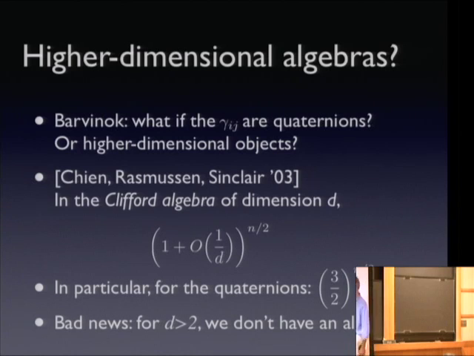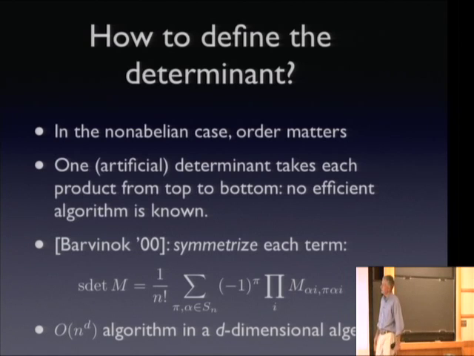And they actually established that if you could somehow carry out this whole strategy where the Clifford algebra you choose has a dimension linear in n, then you've made it. So the bad news is that for Clifford algebras of dimension greater than 2, we don't know how to compute the determinant efficiently.